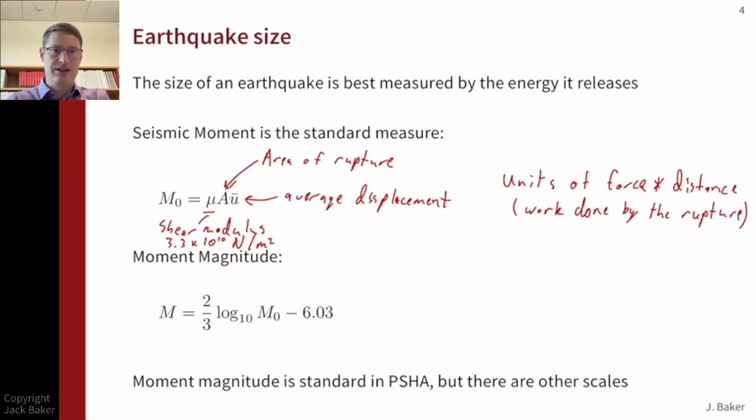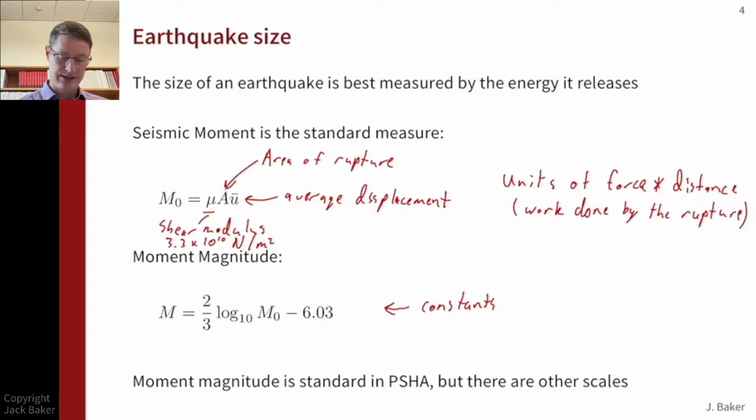So this puts us in a moment magnitude scale where magnitudes from 5 to 9 are the ones of interest for our engineering analysis. So these constants and this log 10 transformation, I'll make a note here.